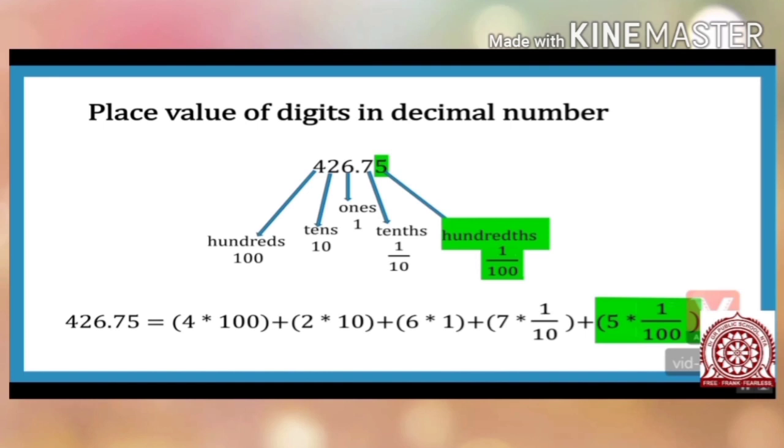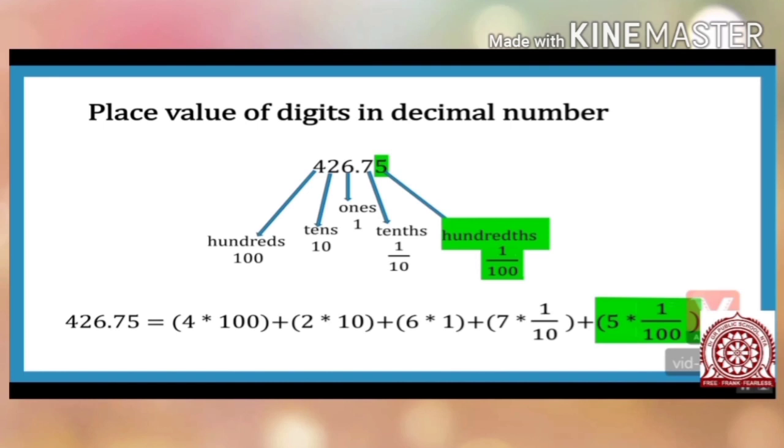Place value is 100. Then look at the fractional part, the decimal part after the decimal point, which is the right hand side of the decimal point. So 7 has place value as tenth place, that is 1 by 10. 5 has place value as hundredth place, that is 1 by 100.